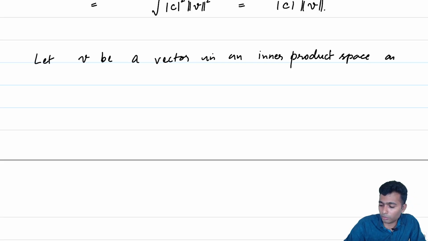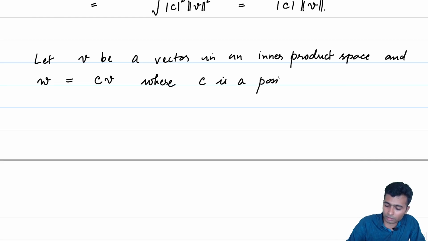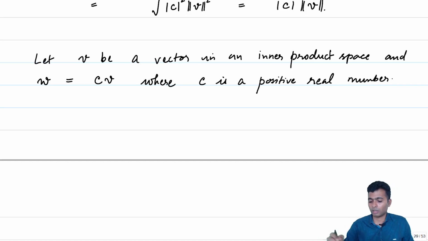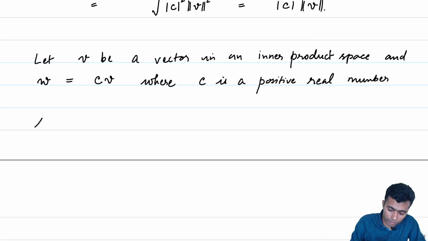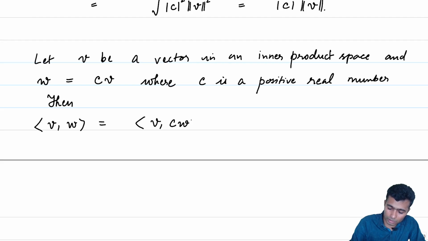and small w be equal to C times V, where C is a positive real number. It's a parallel vector in some sense. So it's in the same direction, it's just a dilation, positive real number. Let's see what happens to the inner product of V and W. We know that W is CV, so this is just the inner product of V with CV.